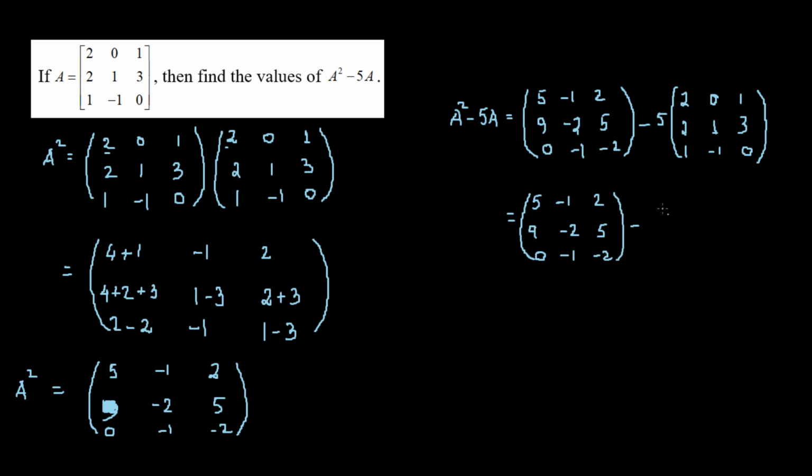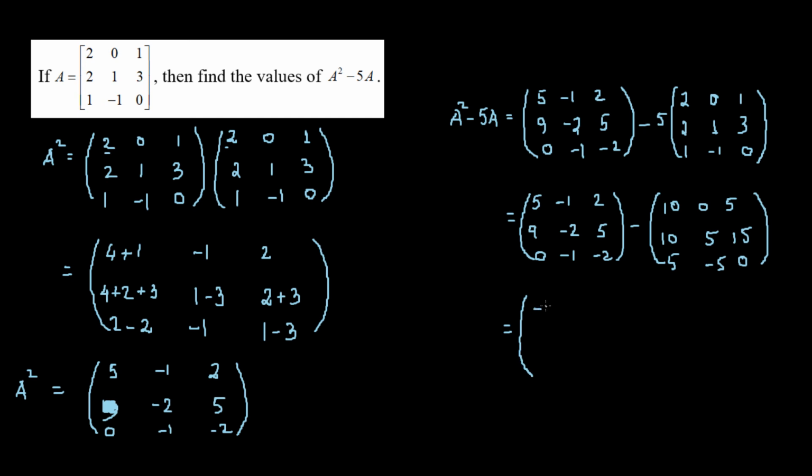Going to multiply the 5 to each entry. So we have 10, 0, 5, 10, 5, 15, 5, negative 5, 0. Now we subtract the corresponding elements.